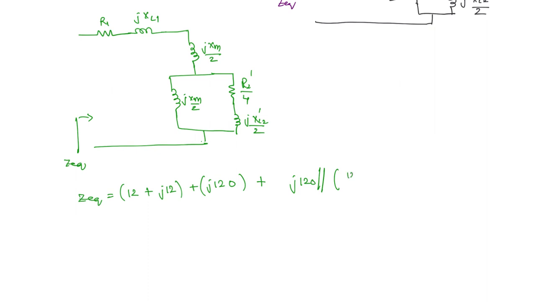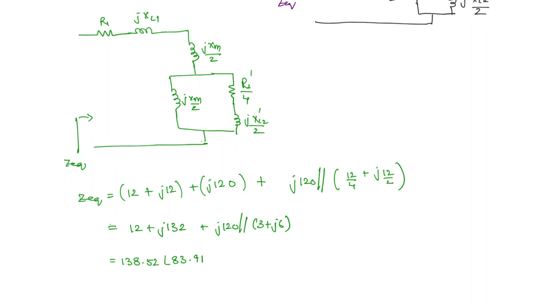R2 dash by 4 is 12 by 4, plus j times 12 by 2. So you are going to get 12 plus j132 plus j120 in parallel to 3 plus j6. If you simplify, you are going to get 138.52 angle 83.91. Therefore the no load lagging power factor is cos of 83.91, which you are going to get as 0.106.